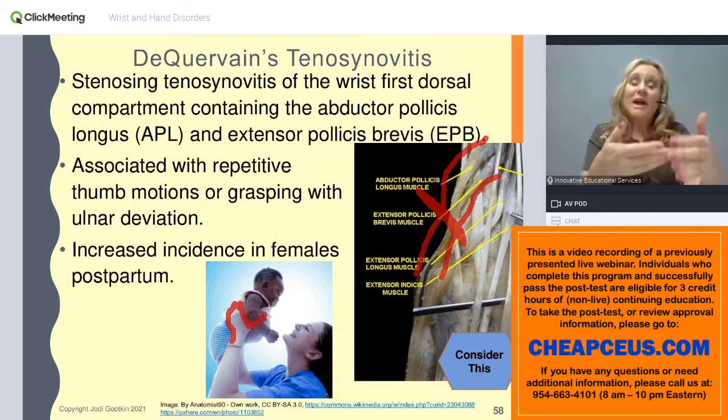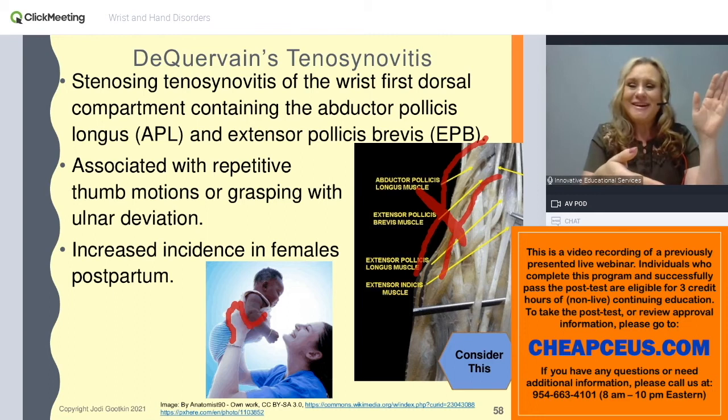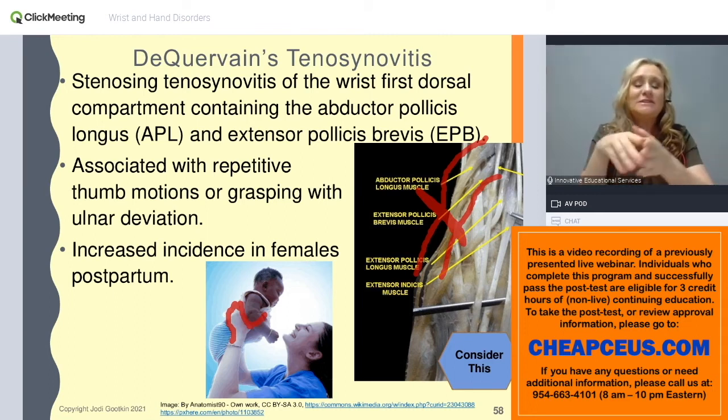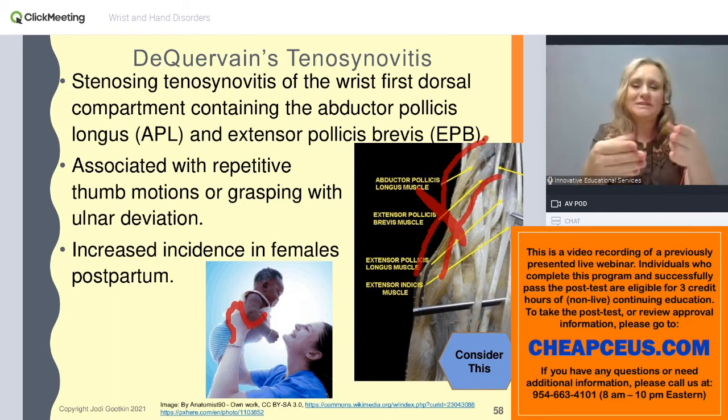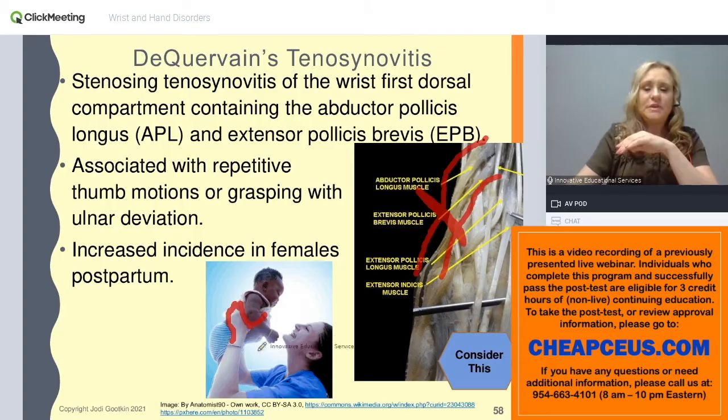Then when the BlackBerry came out, which was the ancient ancestor of our smartphones, it was BlackBerry thumb. Then it moved on to texting thumb, and now we're seeing it as mother's thumb. Either way, it's those excessive thumb motions, particularly with ulnar deviation. So it could be work positions also that are occurring.